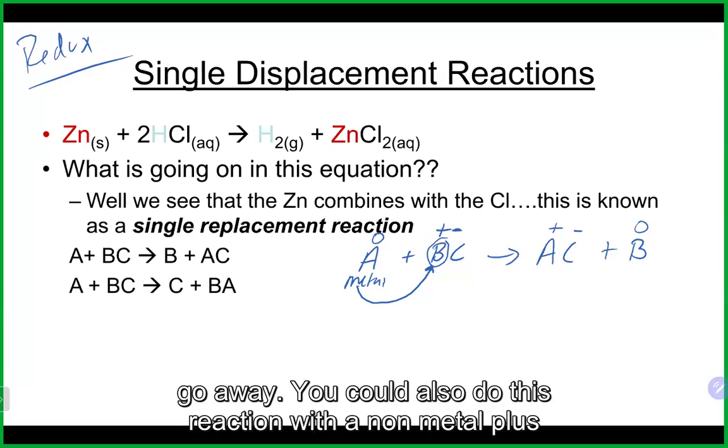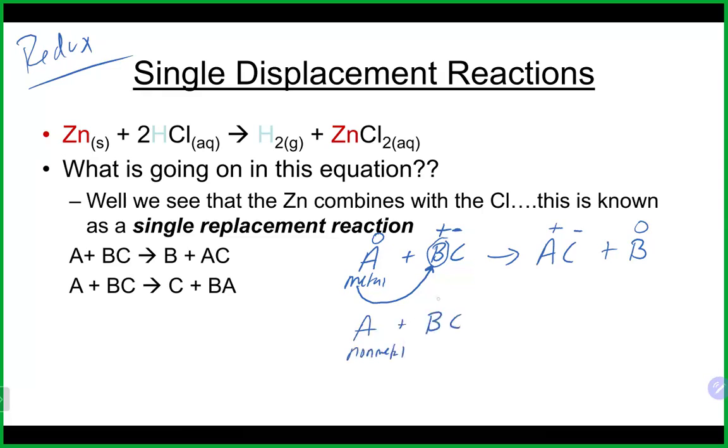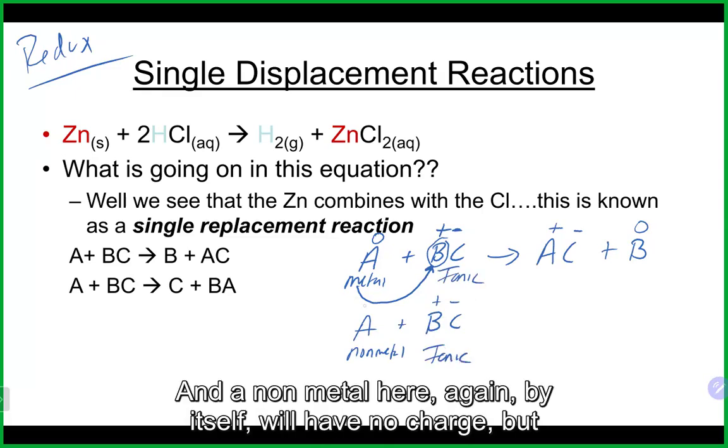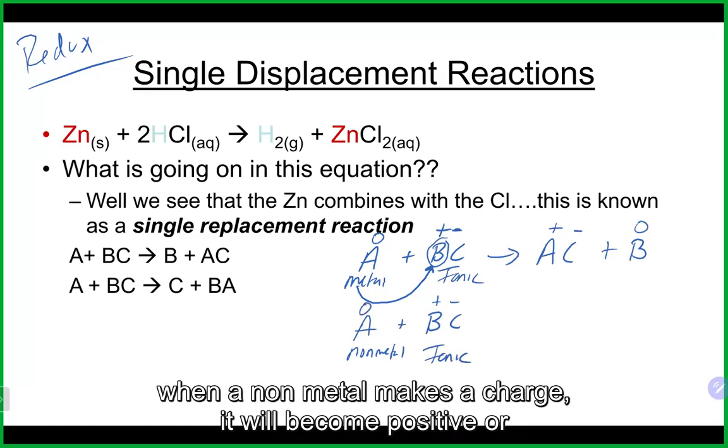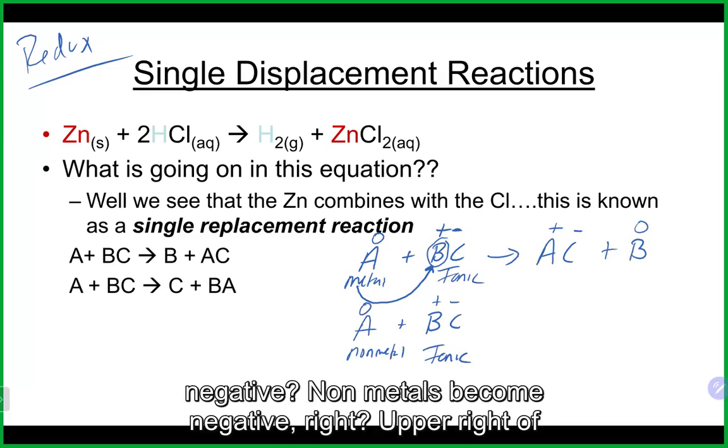You could also do this reaction with a nonmetal plus an ionic compound. And a nonmetal here, again, by itself will have no charge. But when a nonmetal makes a charge, it will become positive or negative.